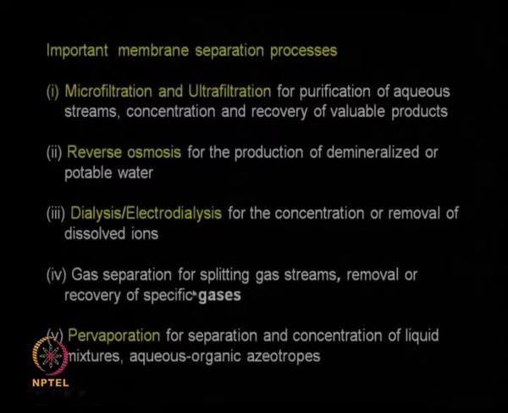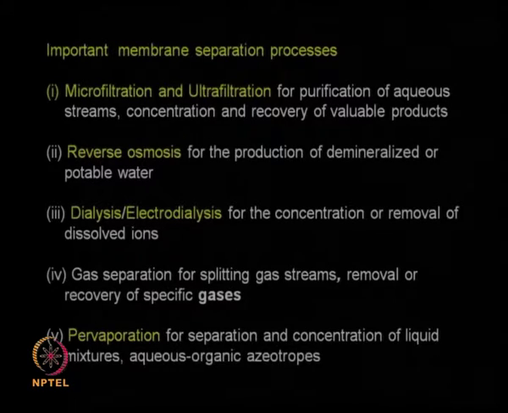Then we have the gas separation membranes for splitting gas streams based on the diffusion coefficient of the gases. Then we have the pervaporation membranes, where you have a certain solute which will evaporate and then permeate through the membrane material.